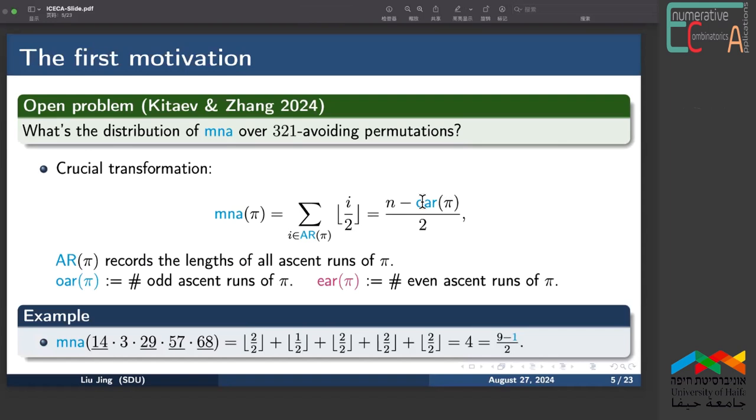Since the MNA of permutation pi equals the sum of MNA of all ascending runs, and each run's MNA equals the floor of half its length, this allows MNA to be further expressed as half of n minus the number of odd ascending runs. In this way, the open problem above is reduced to studying the distribution of odd ascending runs over 3-1-2 avoiding permutations.